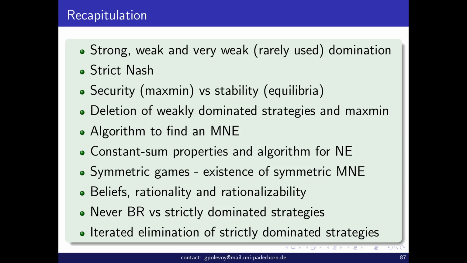Strict Nash equilibria, also something which we usually don't have, but we just define what it means. We also spoke about the notion of security, the max-min, which can be defined not only for two-player games with constant sum, but for any number of player games without necessarily constant sum. So the best I can guarantee if the others want to screw me over, and how this balances with the notion of stability, for example, Nash equilibrium.